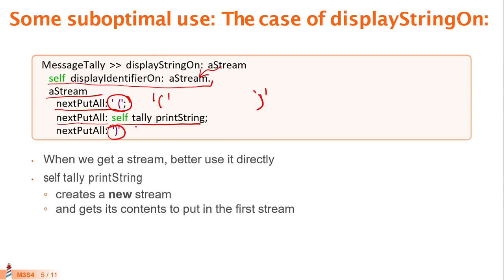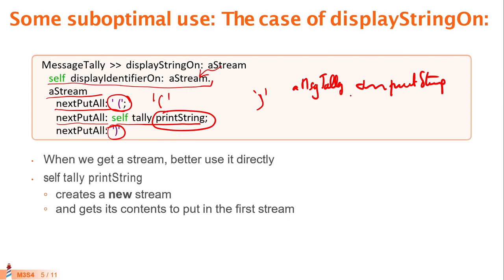And the problem is that basically printString here is doing a recursive call and it's creating yet a new stream. So let's look at it. I have my MessageTally object, and it will receive a first message printString.